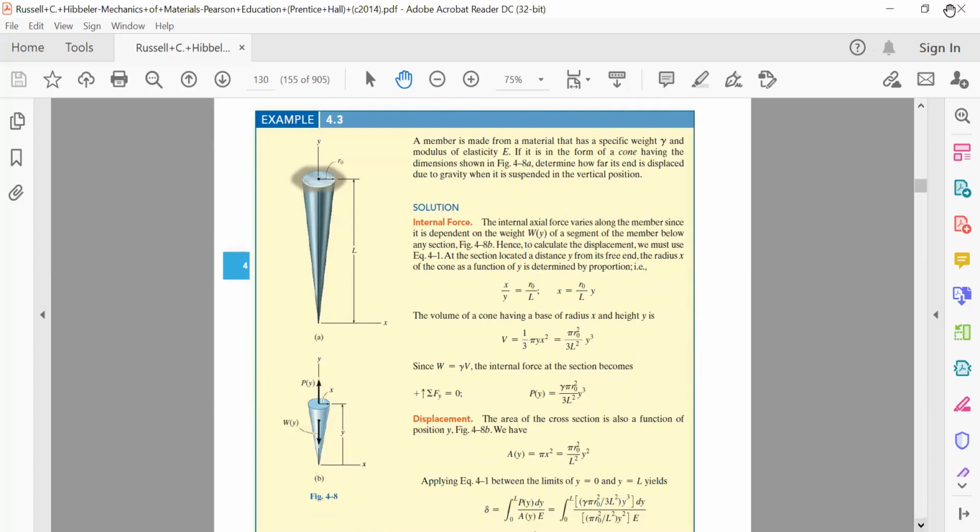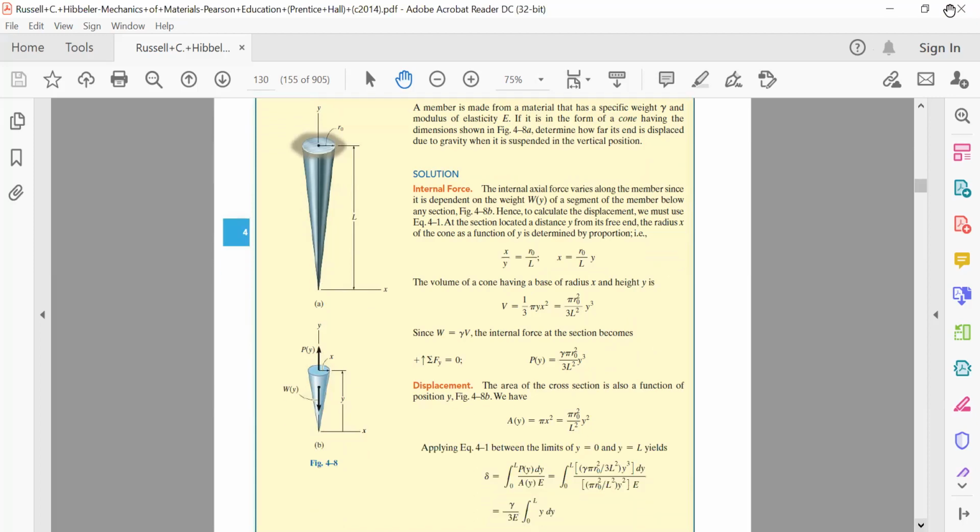So what we do, as is done by the question, we'll write the small deformation caused. We have taken a section here at a distance y, wherein the radius is x.